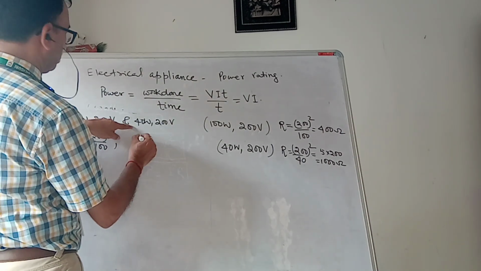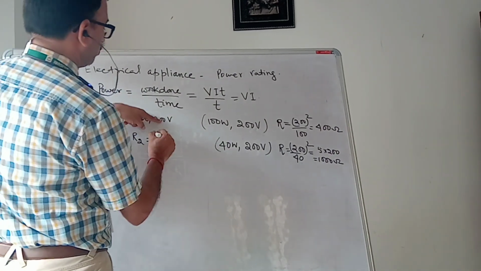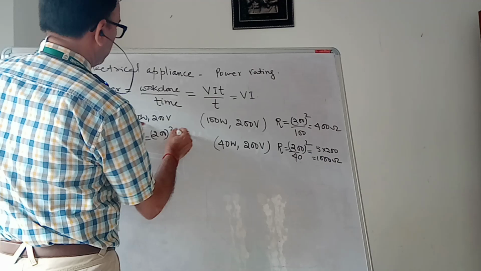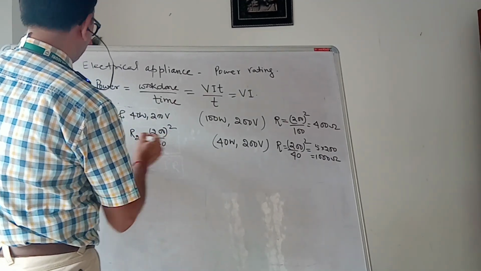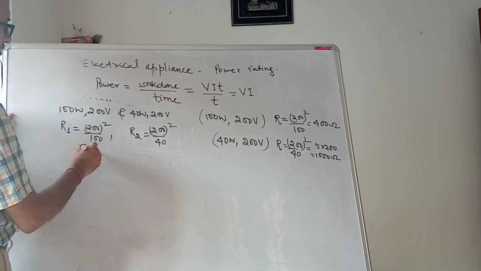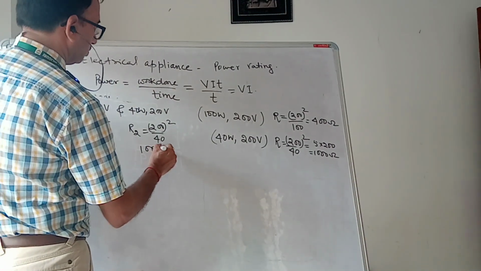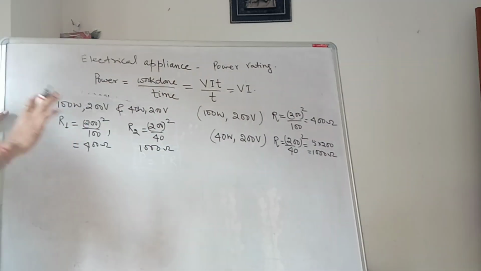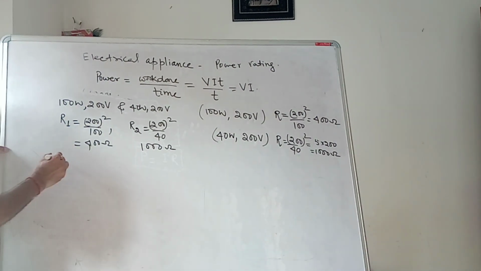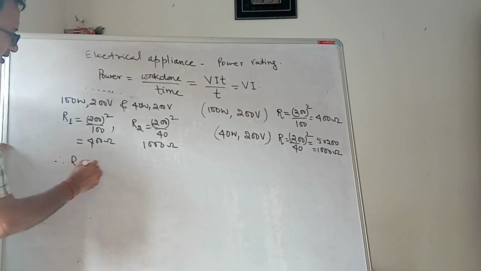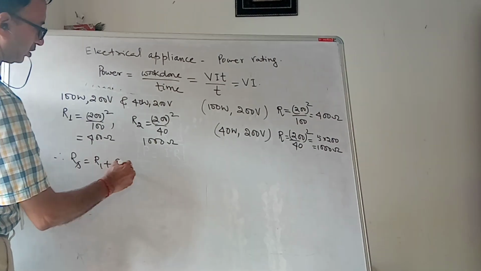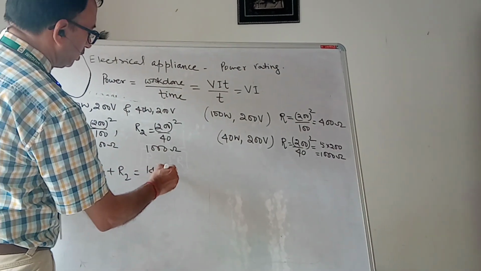The resistance of the second bulb is 200 square divided by 40. So you will find this is 400 ohm and this is 1000 ohm. Now both of them are connected in series. What will be the total resistance? Series will be R1 plus R2, so it is 1400 ohm.